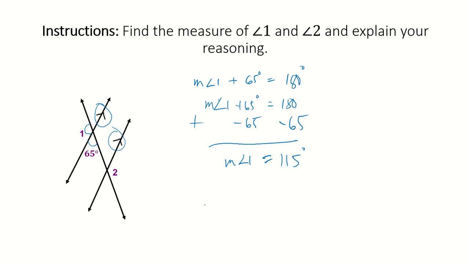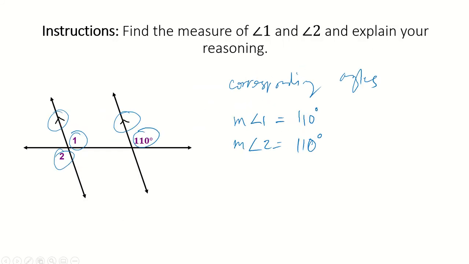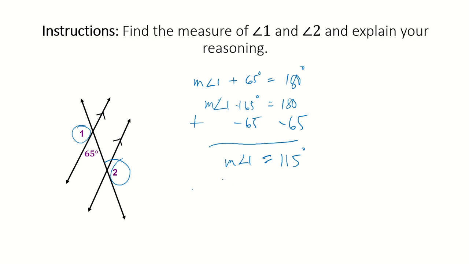Then angle 2. Take note of the relationship of angles 1 and 2. These are alternate exterior angles.